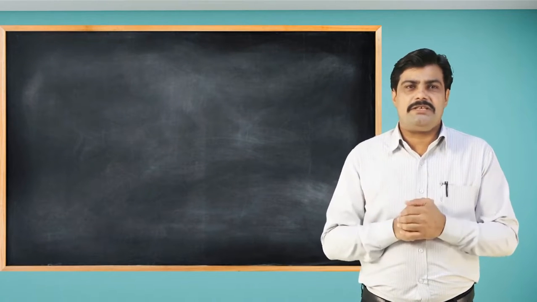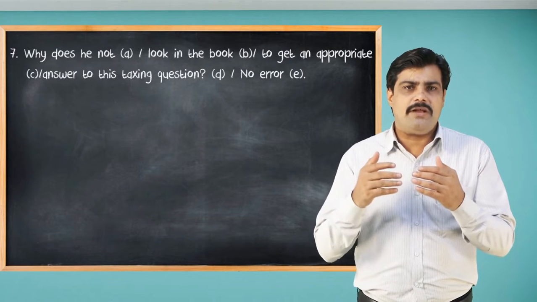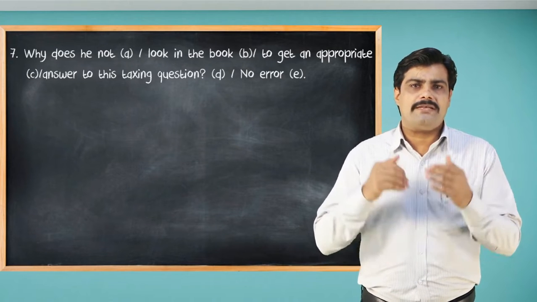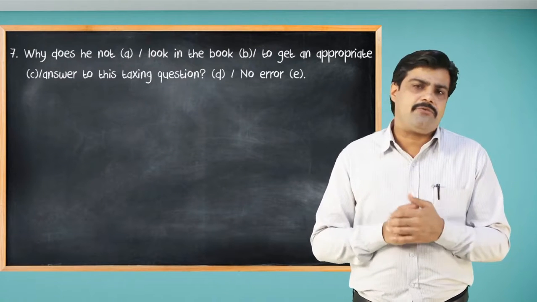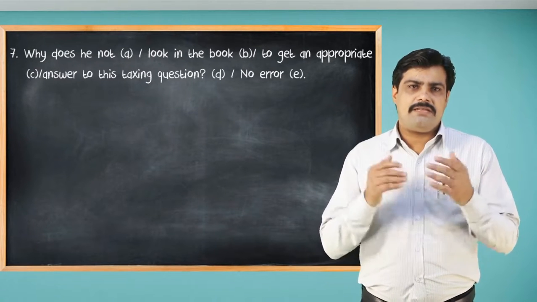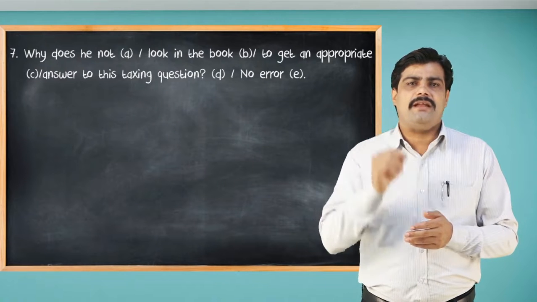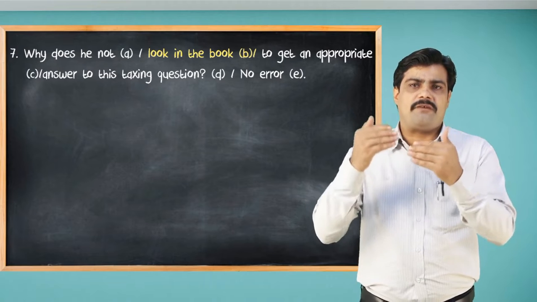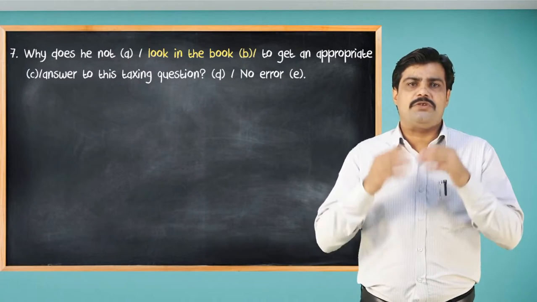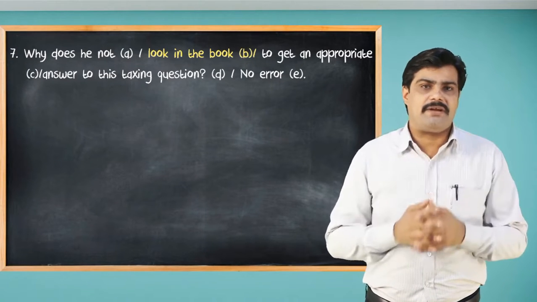Now let's take another sentence. Why doesn't he look in the book to get an appropriate answer of this taxing question? In this sentence, the preposition "in" is wrong because "look in" means to visit someone quickly, which is not giving a correct sense here.